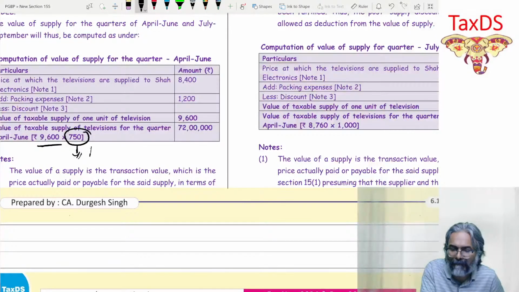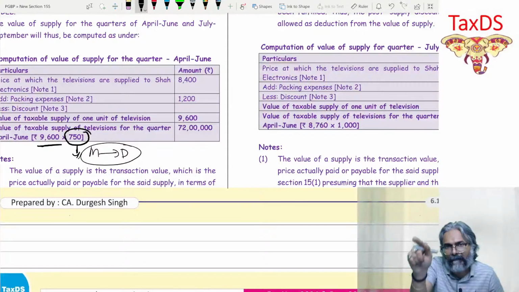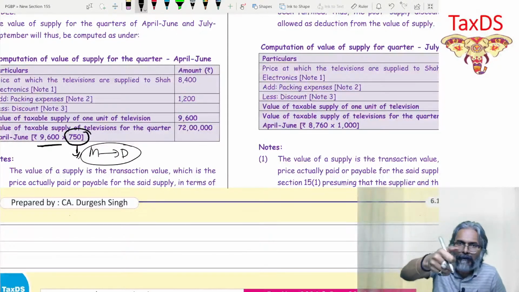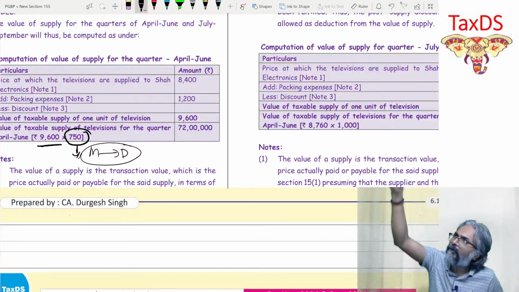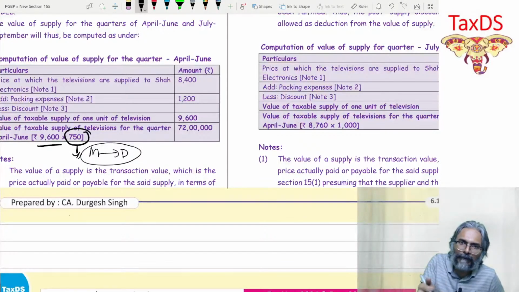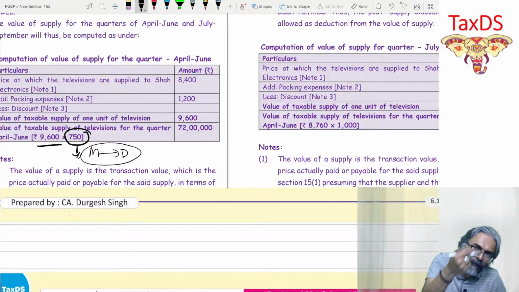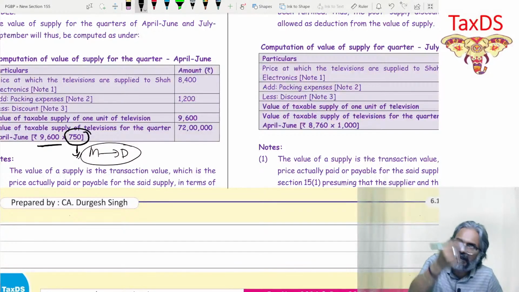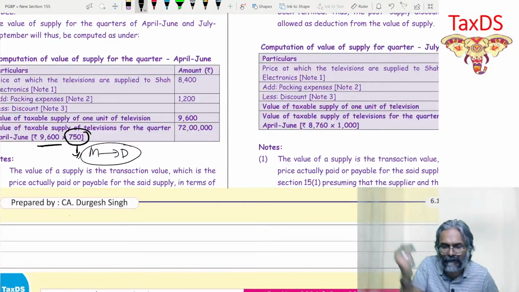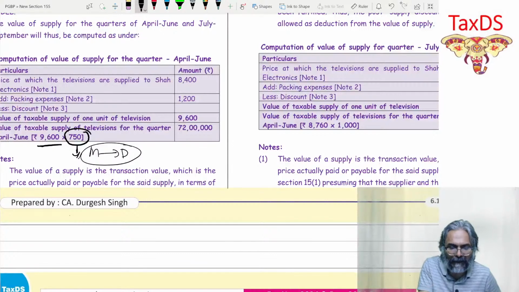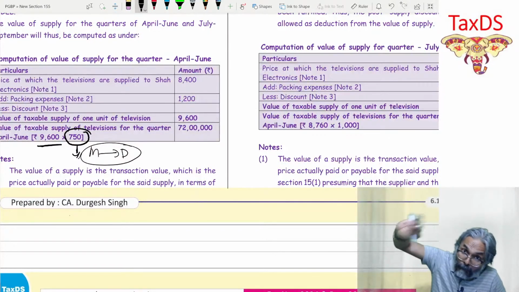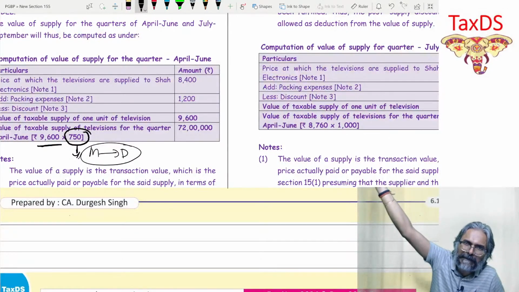This is from the manufacturer to the distributor. Because you will make a blunder in the examination that you will take what is sold by the distributor to the customer. No. We are supposed to calculate the taxable value of the manufacturer to the distributor. So how much was the first quarter sale from the manufacturer to the distributor? 750. Although distributors sold something less.